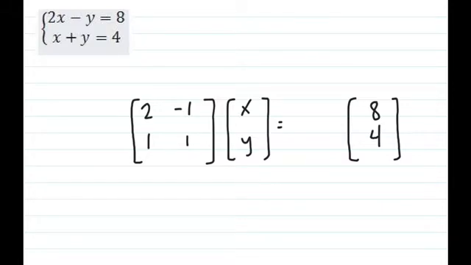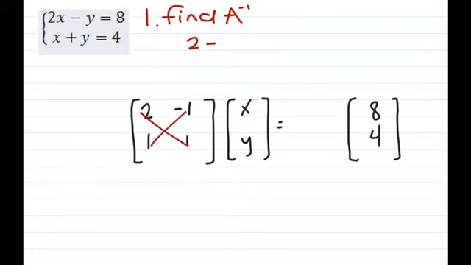Okay, so we're going to go ahead and use the inverses to find the solution for this system with our matrices. The first thing we have to do is find the inverse of matrix A, and we are going to do that by finding the determinant. So we'll do 2 times 1, subtract 1 times negative 1, and so that's 3.